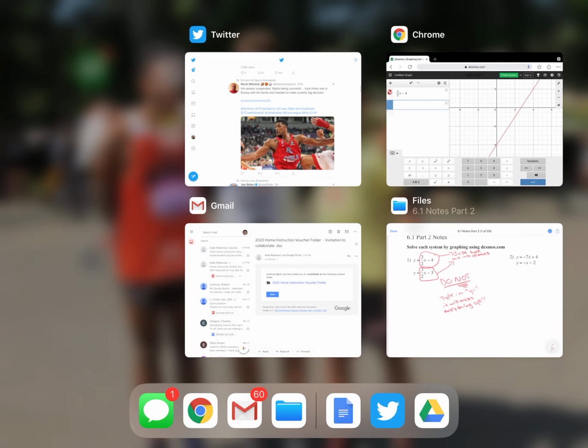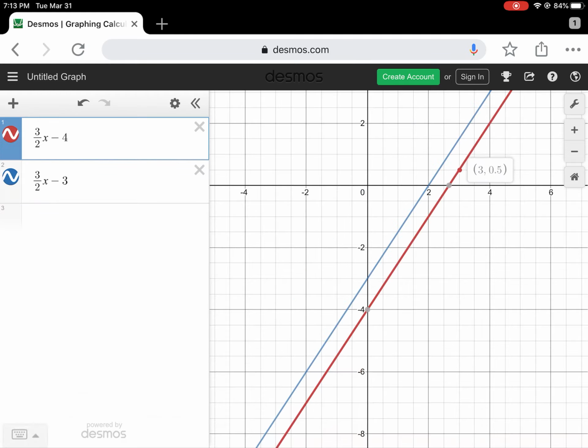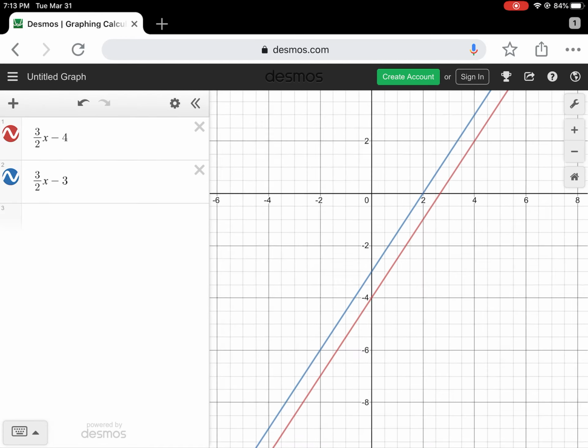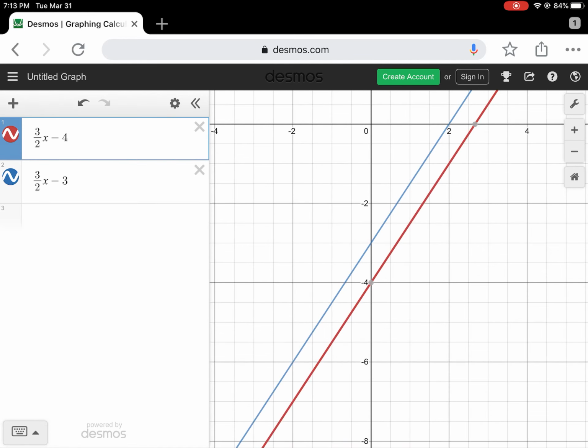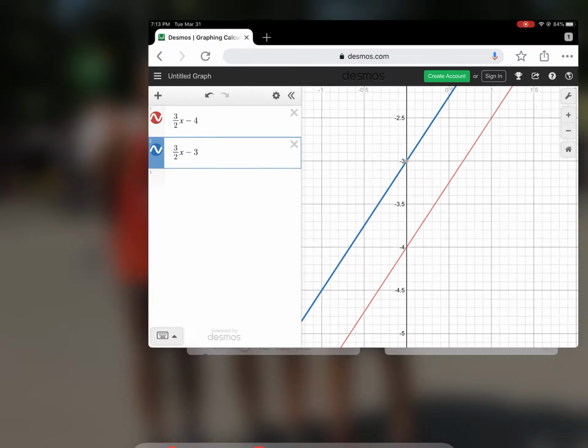Now, let's type in our next one. And that next graph is 3/2x minus 3. So 3 divided by 2, cursor to the right, x minus 3. And voila. Would you look at that? I have 2 graphs now that do not intersect. These are 2 parallel lines, so they will never intersect with each other.